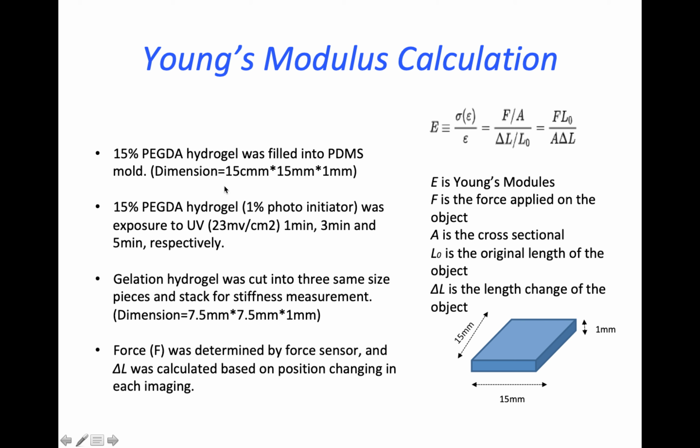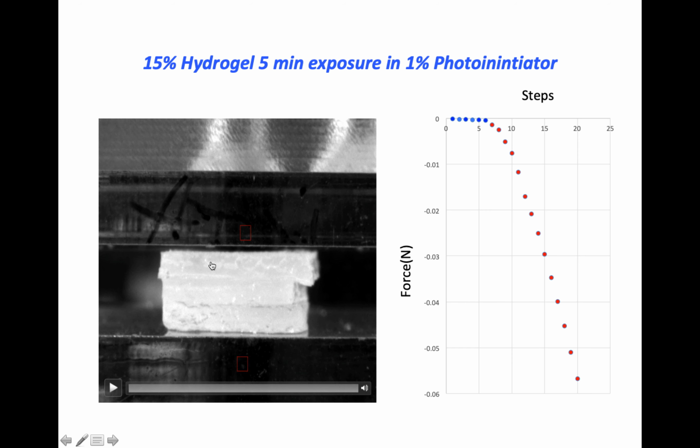So the only different thing is I do not use the pillar in this case. I just use a hydrogel cube, and stack 3 times at the same size and measure the stiffness. Okay, over here, so there is a video. So let me show you the stiffness measurement.